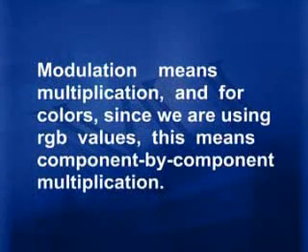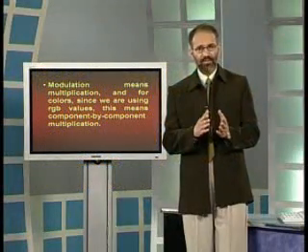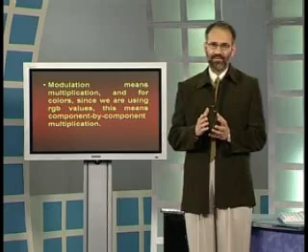Modulation means multiplication, and for colors, since we are using the RGB values, the red, green and blue components, this means that component by component multiplication would be done. Can you recall? We have talked about this component by component multiplication earlier on as well.